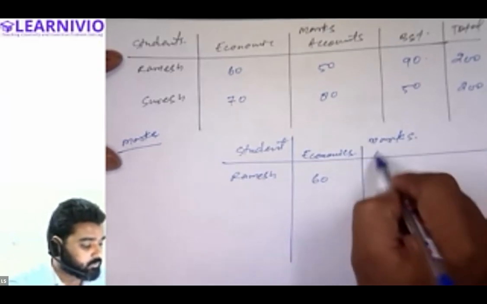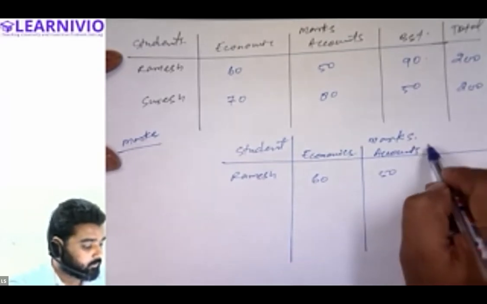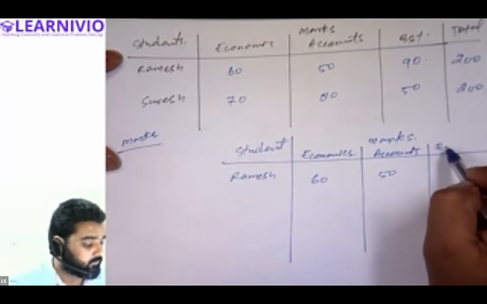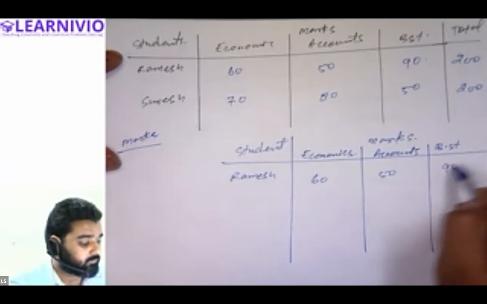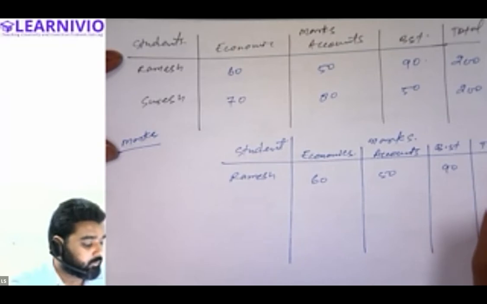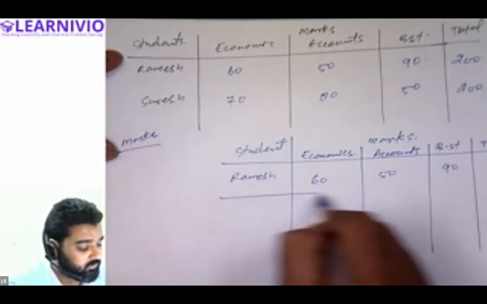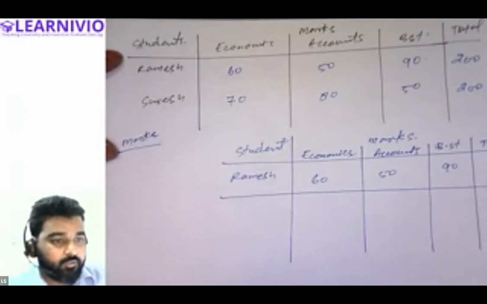Then in accounts, he has scored 50 marks. And in business studies, he has scored 90 marks. Total marks scored by him is how much? 200.